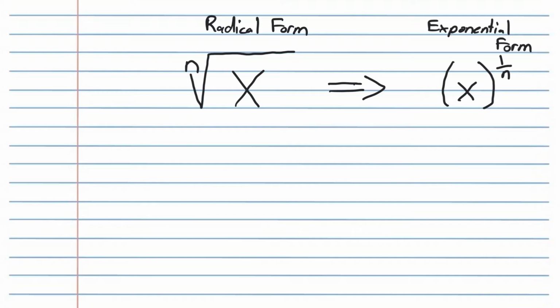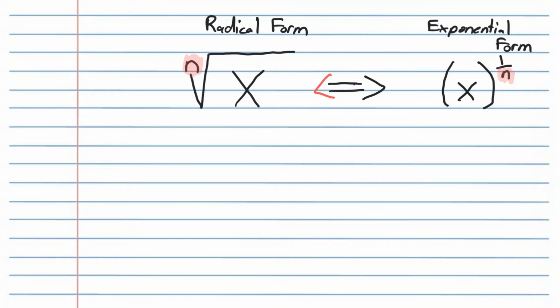The key is in that index. In fact, if you have a highlighter, I would definitely recommend highlighting this: whatever the index is becomes the denominator over here. That's how you go from one format to the other, and that's what this video is all about. How do you go from one format to the other, or vice versa, how do you go back?